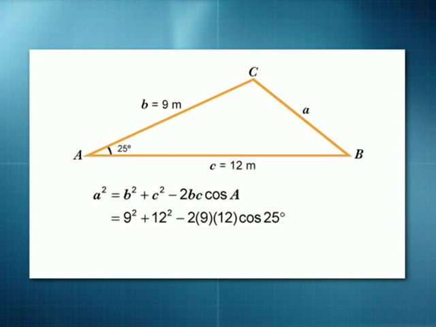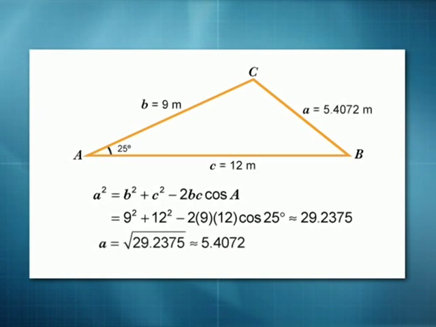Plug in the numbers. 9 squared plus 12 squared minus 2 times 9 times 12 cosine of 25 degrees. A was given to be 25 degrees, and you end up with about 29.2375. That's A squared. So take the square root, and it's about 5.4072.